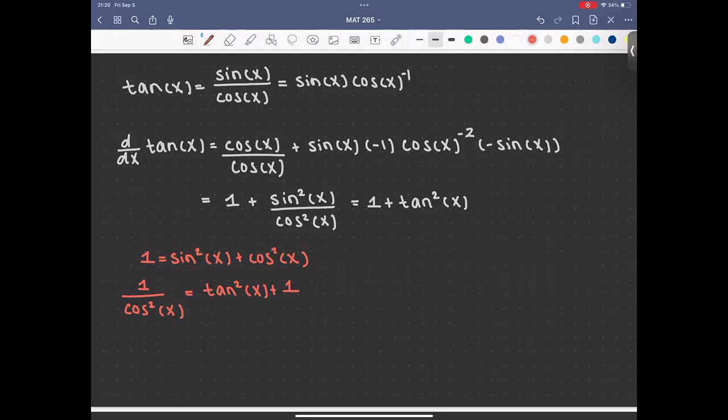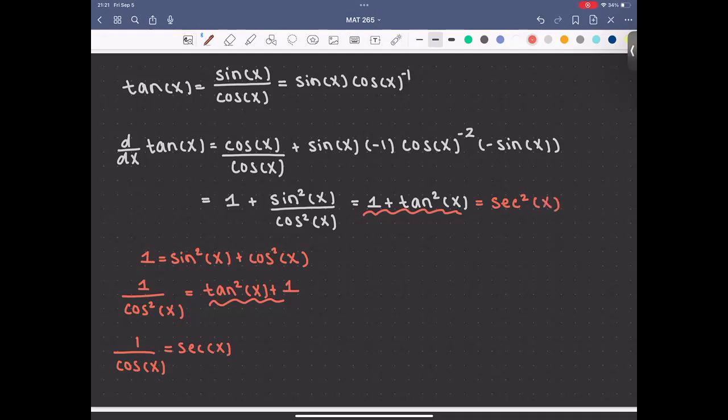So notice this matches what we have here. And 1 over cosine of x is secant. That's how we define secant. So 1 over cosine of x equals secant of x, so 1 over cosine squared of x is secant squared of x. So the way that you'd most likely see this written in the book is secant squared of x.